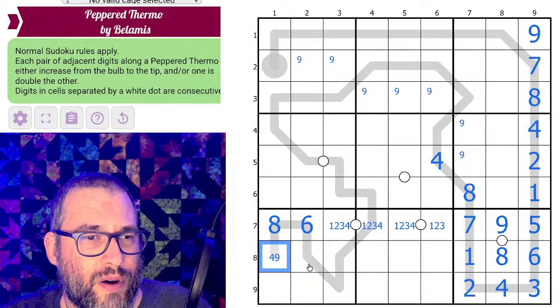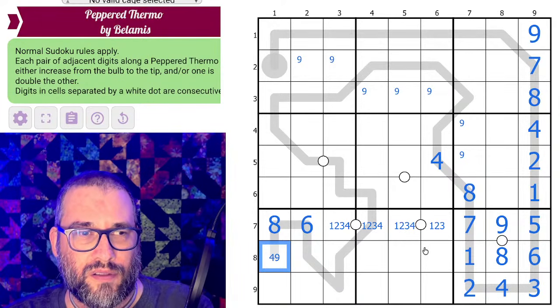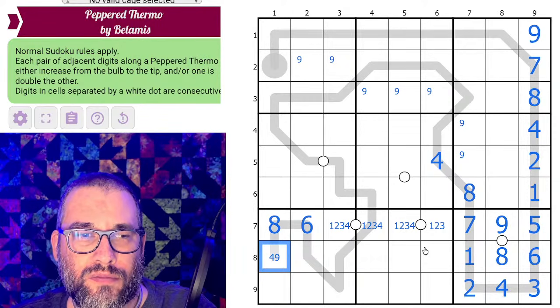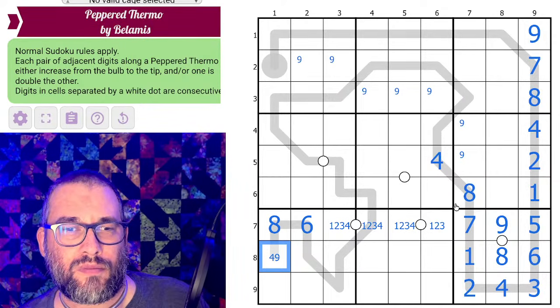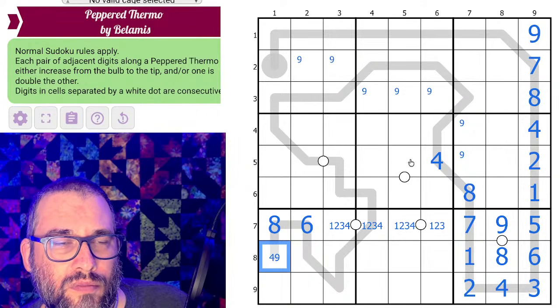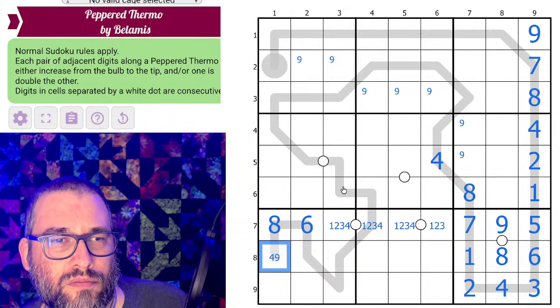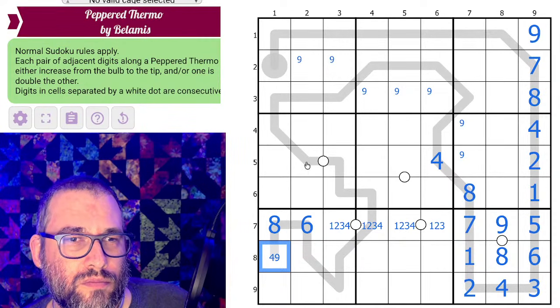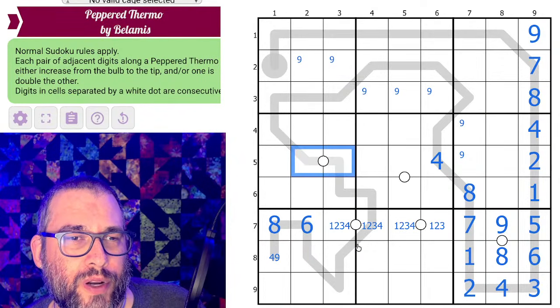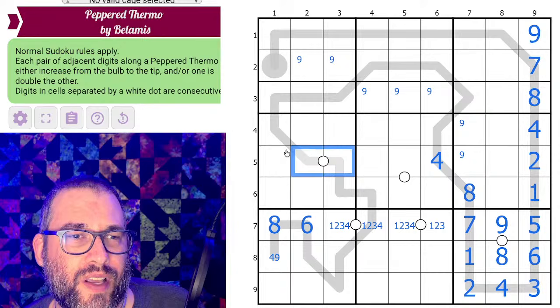So this is a 4 or a 9. Right, these can't go 2, 1, because there's a 2 in the row, so it's thermo. These are ascending.